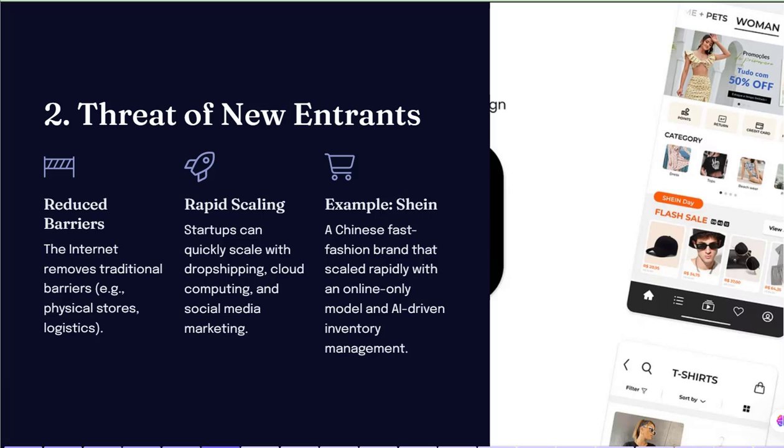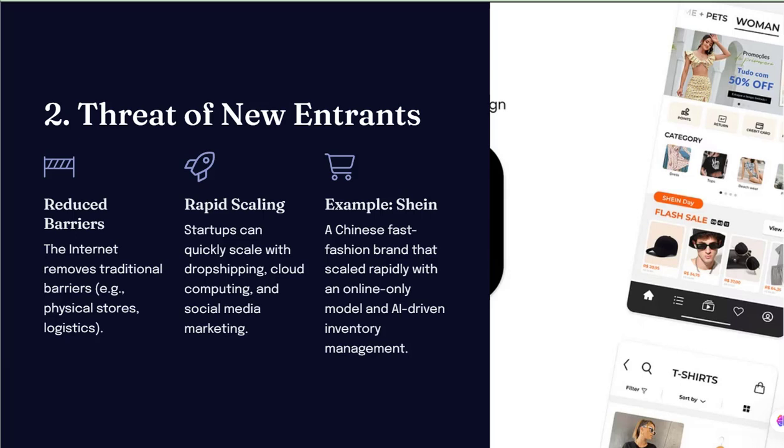The internet has removed many traditional barriers to starting an e-commerce business, like the need for physical stores and complex logistics. So almost all companies now can sell online. So the barrier is reduced, right? Startups can now rapidly scale their operations using tools like dropshipping, cloud computing, and social media marketing.